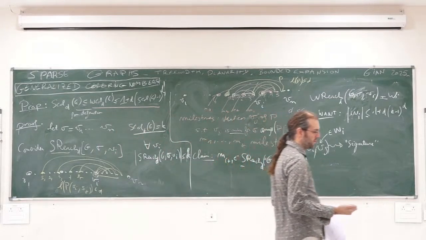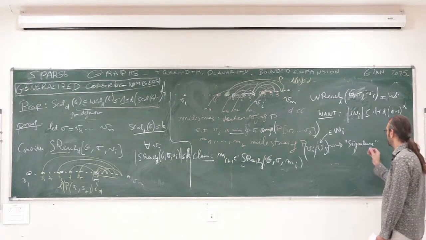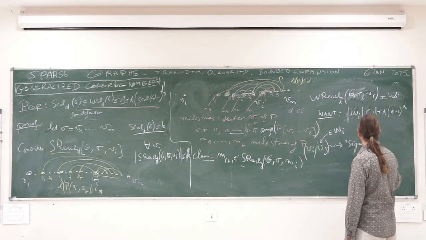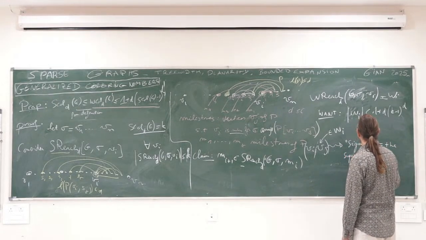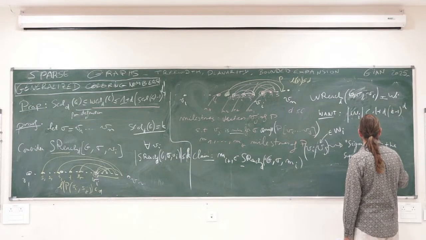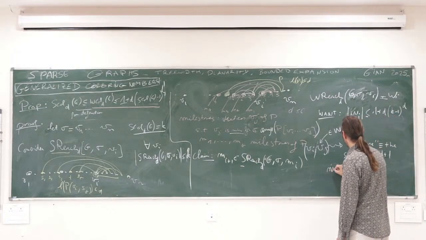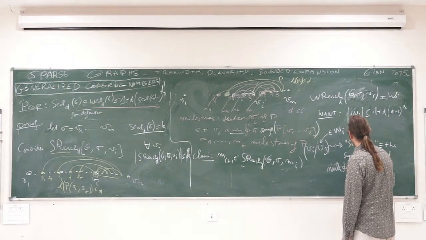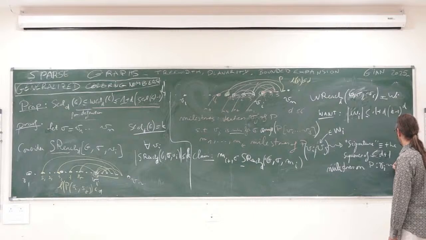And since the path has length at most d, there are at most d plus 1 milestones. So the signature is the sequence of at most d plus 1 milestones on P, which is a witness of Vi to Vj.